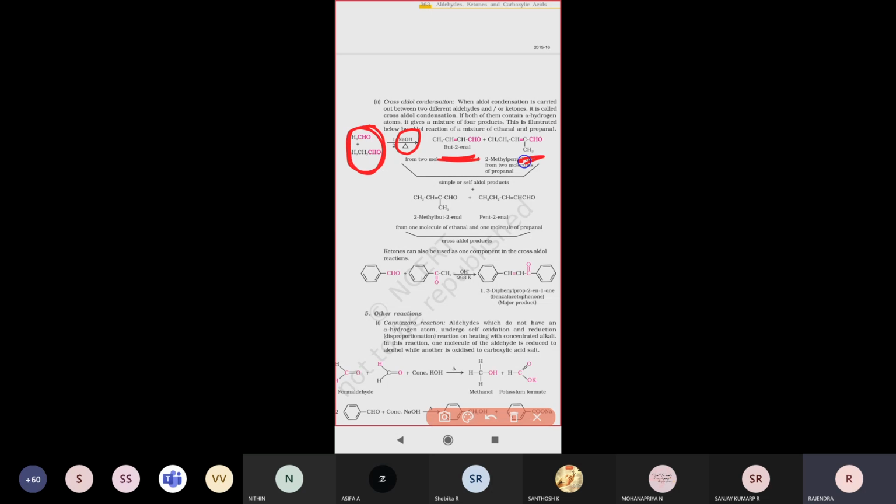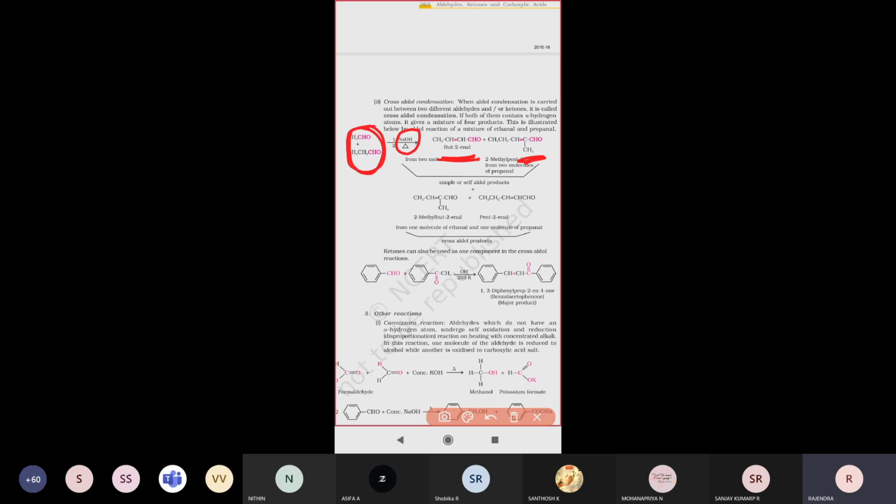This is what we call a cross aldol condensation.